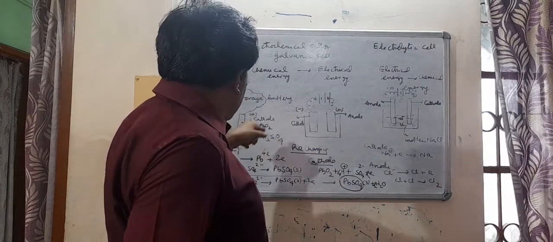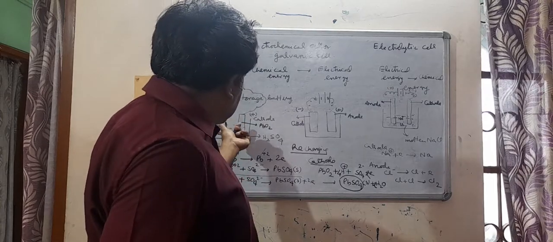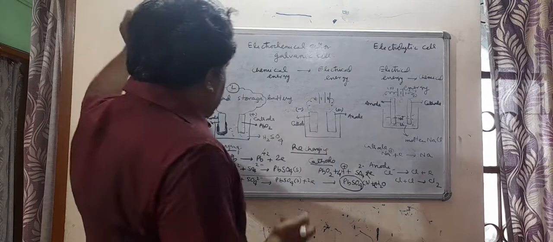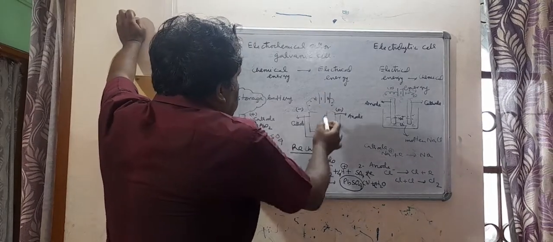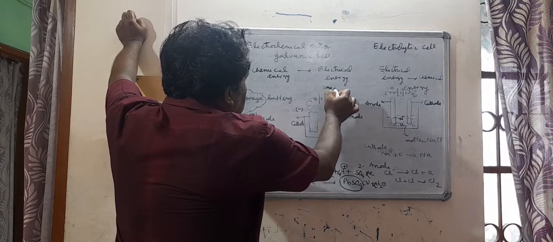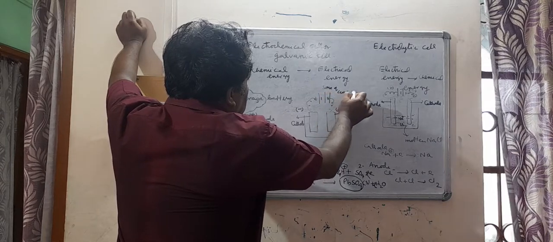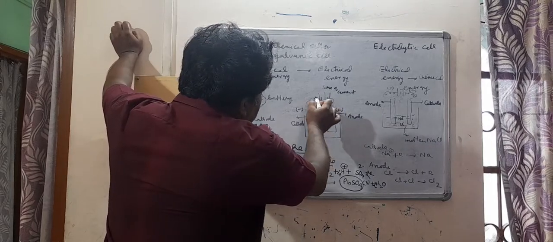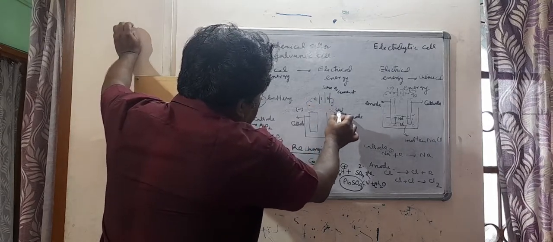And during recharging, this cell, this one I am writing it here, has to be connected with a source of current. This is a source of current. So you see the current source, this is minus, this is plus.